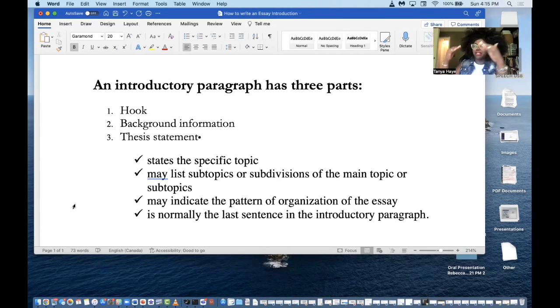It will tell the subdivisions of the essay, because once we read it, we know what to expect in the body. It also will tell us the pattern. Well, it may, it doesn't have to, but it may tell us the pattern of organization. So when we read the thesis, we must get the impression that it's either a cause and effect essay or a problem solution essay.